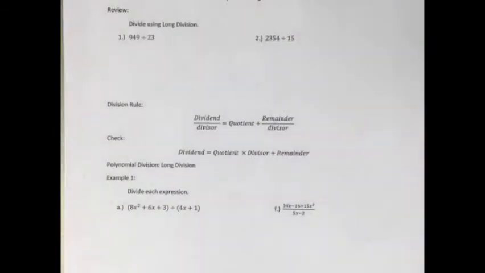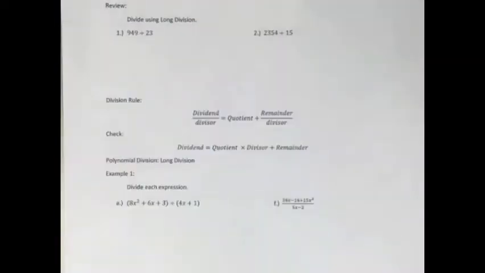All right, 6.7. Okay, let's pull back some 4th grade stuff, 3rd grade stuff. Divide 949 by 23 without a calculator. Use long division for me.